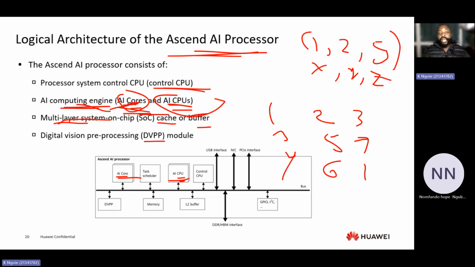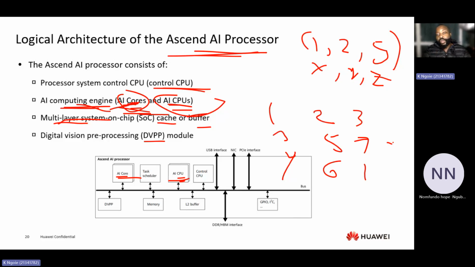Because it's going to help reduce all the latencies by minimizing all the external memory access. So as your system is working on, let's say, these calculations here, but the same chip is needed for something else, the multi-layer system on chip is going to manage and stop any external memory access to the CPU, for example, that is doing certain operation.